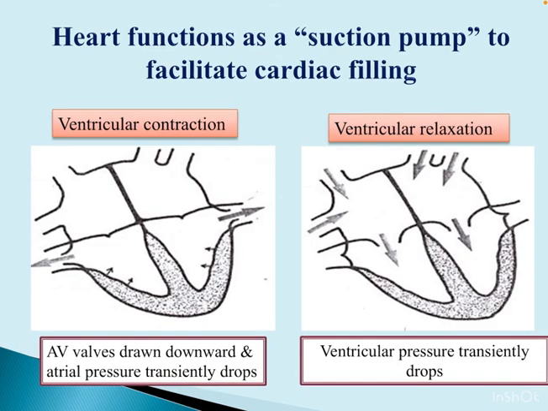The last factor that promotes the venous return is the heart itself. The heart functions as a suction pump to facilitate cardiac filling. During the cardiac cycle, whenever there is a ventricular contraction, the atrioventricular valves are pulled downwards so that there is an increase in atrial cavity size.